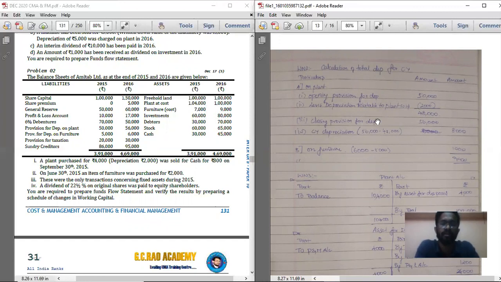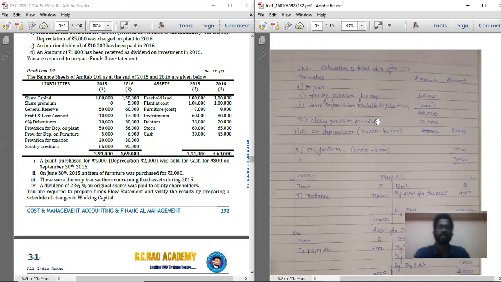Below, draw a three-columnar table. This is one easy way of calculating the total depreciation. Take the opening depreciation, from that take off the depreciation on assets that have been sold, then deduct the remainder from the closing depreciation, and you will get the current year depreciation.